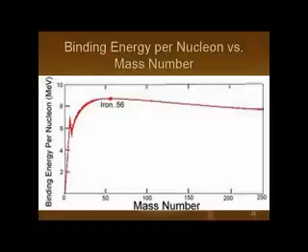And then notice that iron-56 is right up at the very highest area of the binding energy per nucleon. It peaks at right about iron-56 through 58 in terms of mass number, and then you see that the binding energy per nucleon begins to go down after that, and the heavier the mass number, it shows that trend going down.